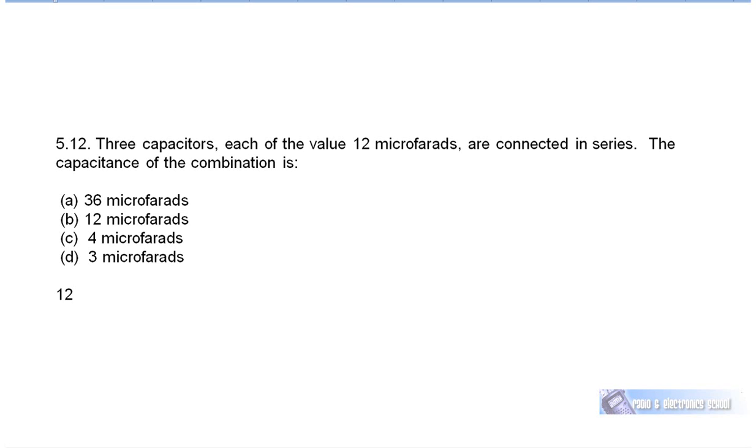We divide the value of one capacitor in series by the number of capacitors there are. 3 into 12 is 4 microfarads. You would treat inductors in parallel and resistors in parallel the same way you treat capacitors in series.